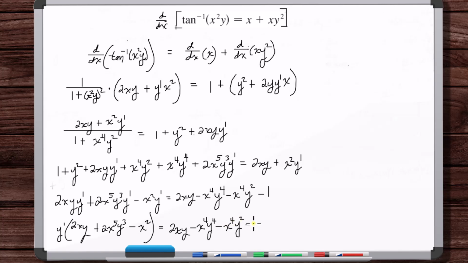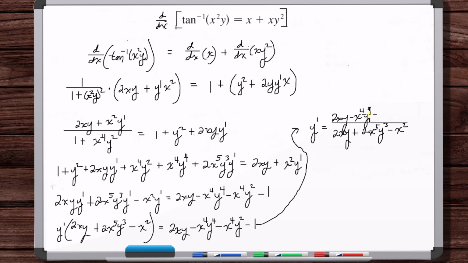Now, what we're left with is, if we divide both sides by this term, we've got, okay, and I am missing a term here.